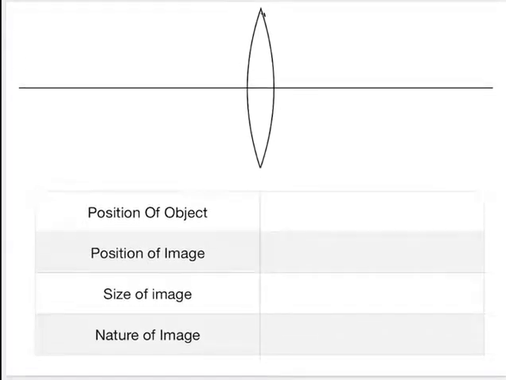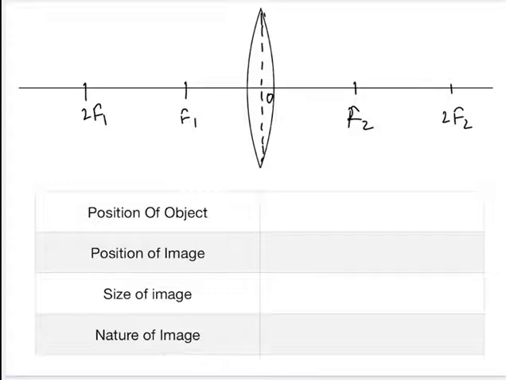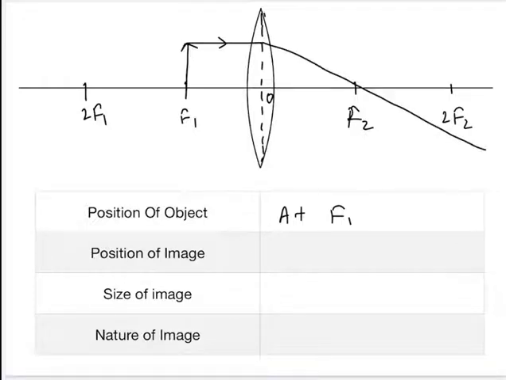Next is the fifth case. The object will be kept at f1. Object is at f1. So one ray parallel to the principal axis would pass through the focus, and another ray we will pass through the optical center, which will go undeviated.